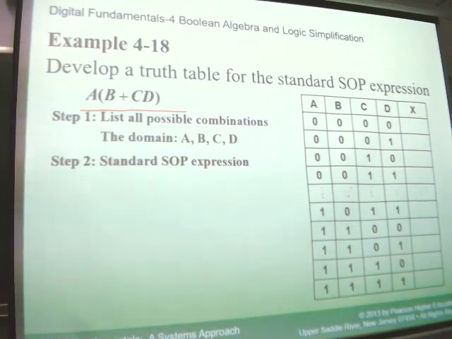And this product term equals A times (B plus B bar) and CD.